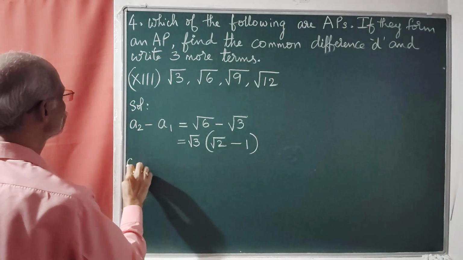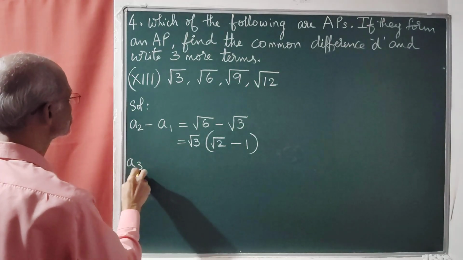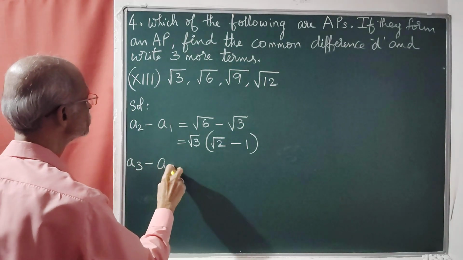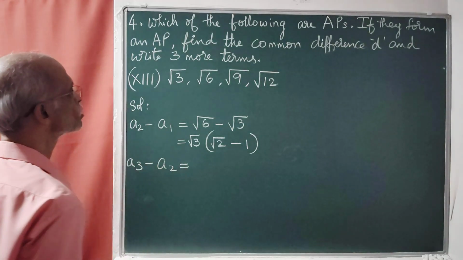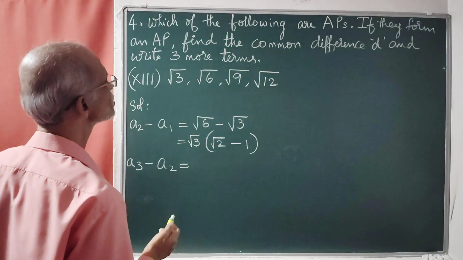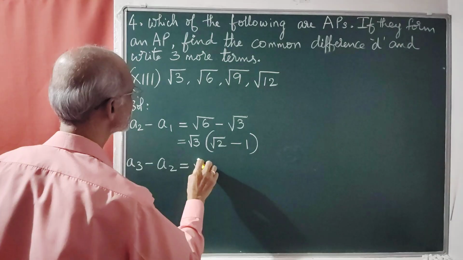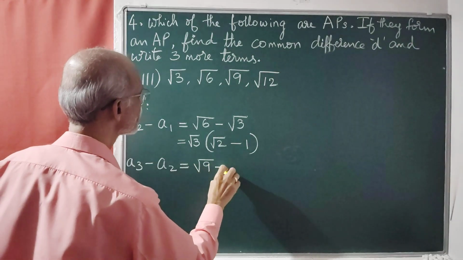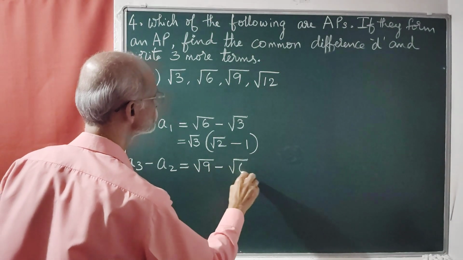Now A3 minus A2. What is A3? Root 9 minus root 6.